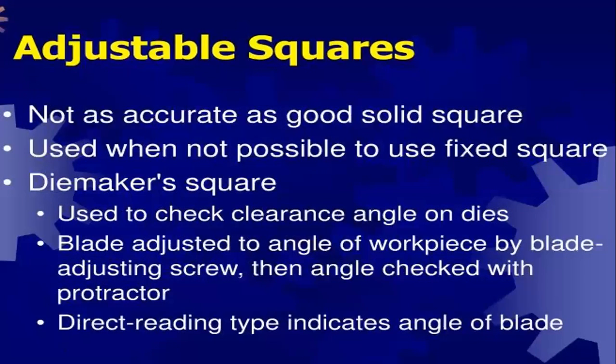So whenever we are not able to fix these squares, we use these adjustable squares. That is why we are using these adjustable squares here, and it is a die maker square. In the adjustable squares, they highly use the die maker square.